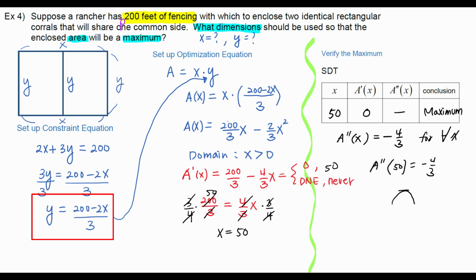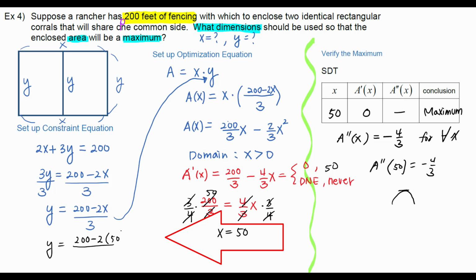So now you can find your y, and your y will be equal to 200 minus 2 times my x, which has to be 50. And if x has to be 50, then that's 200 minus 100, which is 100 over 3. And that's your y value.